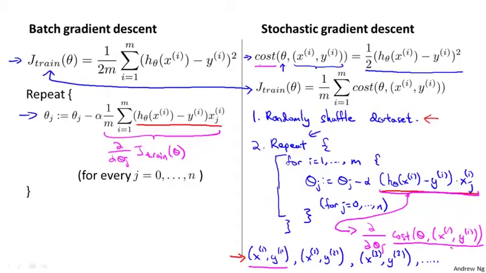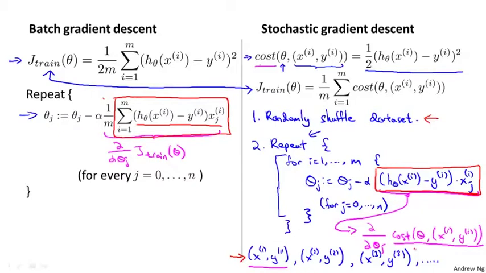But more importantly, another view of stochastic gradient descent is that it's a lot like batch gradient descent. But rather than waiting to sum up these gradient terms over all m training examples, we're taking this gradient term using just one single training example, and we're starting to make progress in improving the parameters already.